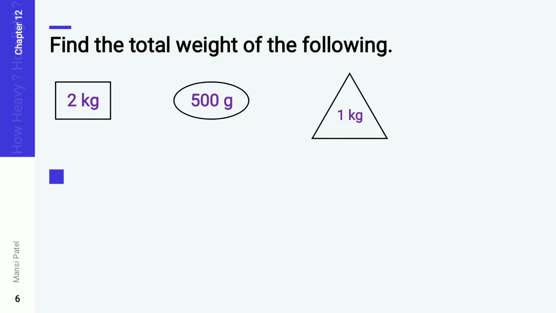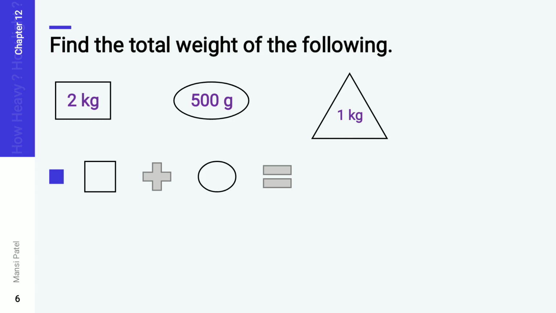Now here what do you want to do? Here I am giving two shapes to you, and you have to find out the total weight of those shapes. The first shape, the square, is considered as a rectangle. So the first one, the square, represents 2 kilogram and the circle represents 500 gram.